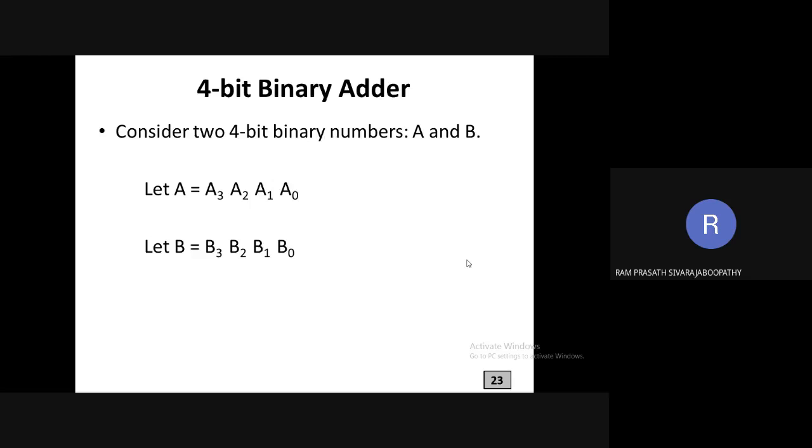So how many input variables are we having? In total, how many input variables are there? We are going to add two numbers, both are 4-bit numbers. So totally how many input variables am I having now? Numbers are two. For A we are having 4 variables. For representing the number B we are having another 4 variables.